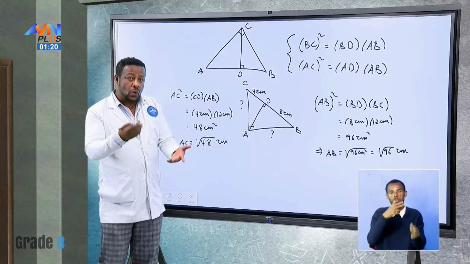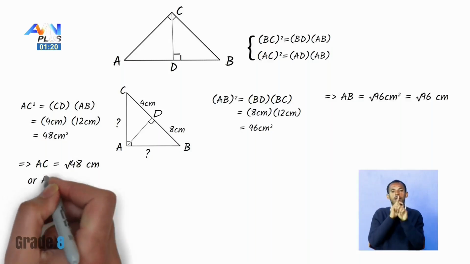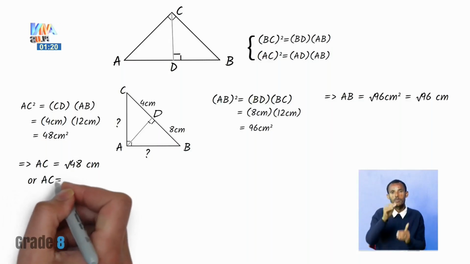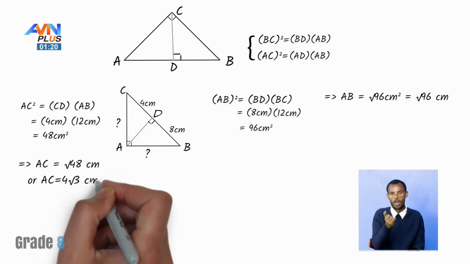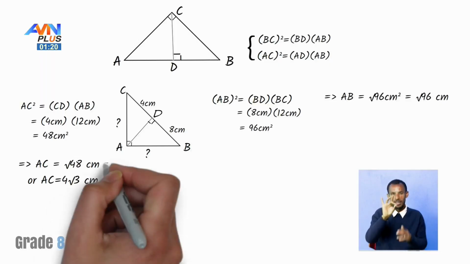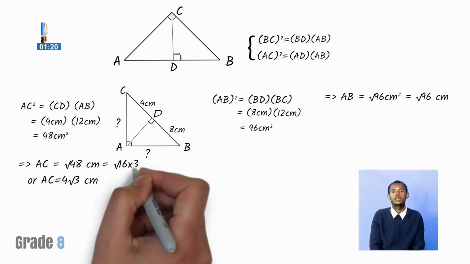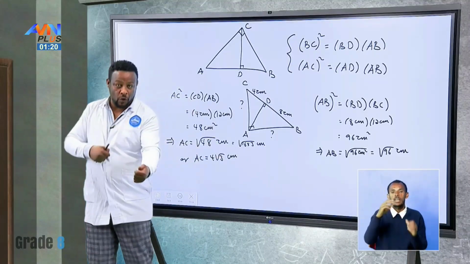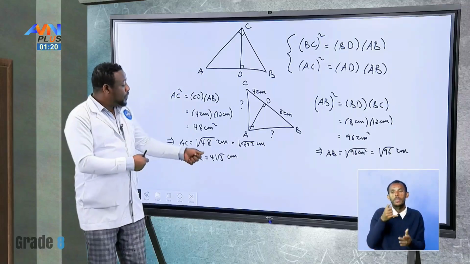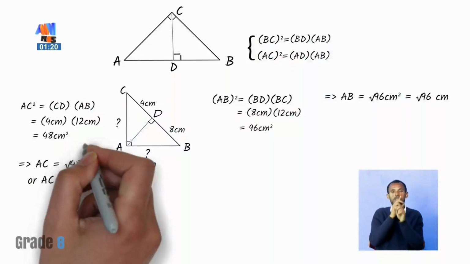So the other way of writing this answer is AC equals 4 radical 3 centimeter. You know why? Because 16 can be taken out from the radical, so it becomes 4 root 3. This can be the answer.